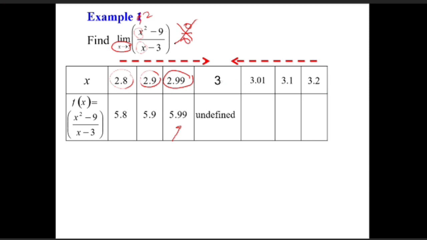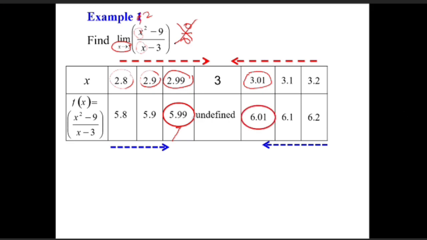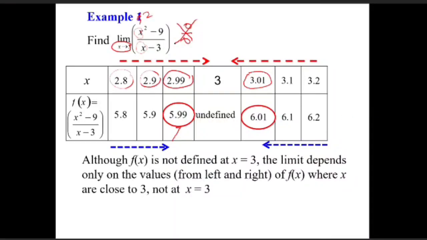You can choose any number which is bigger than 3 but close to 3. For example, 3.01. And you see that the value from both left and right side is very close to the value 6.